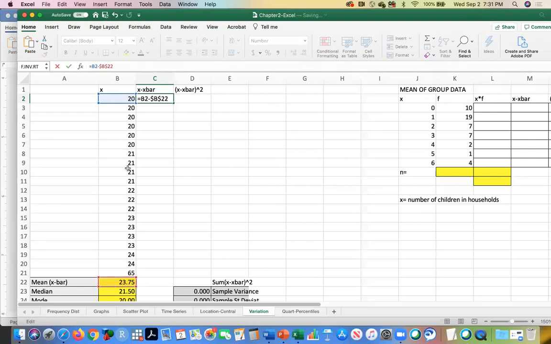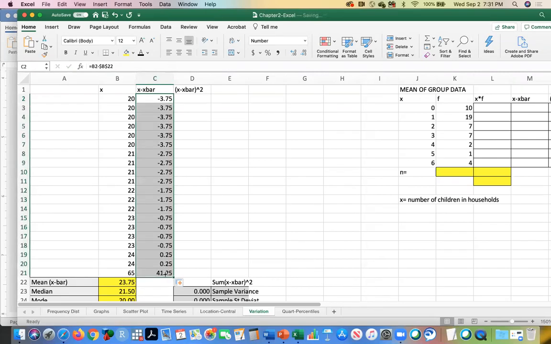These data points are going to be changing as I go down, but the mean is going to be exactly the same. So I want to make this cell fixed. So I build my formula. I'm asking Excel, whatever is here, subtracted from this single cell. So I'm going to click this. So my deviations, as you can see, are here.